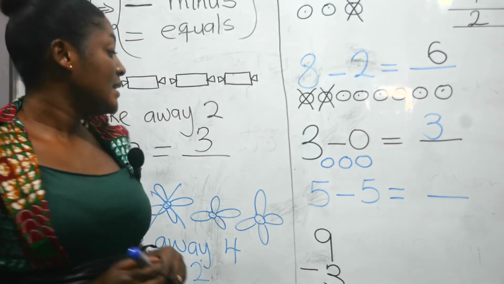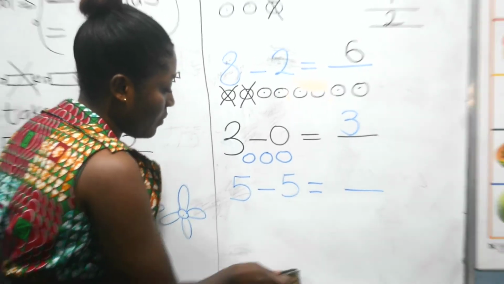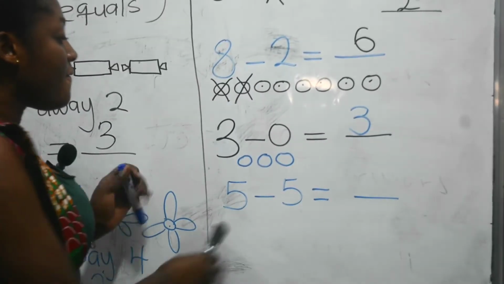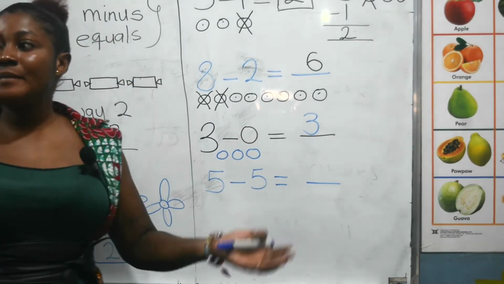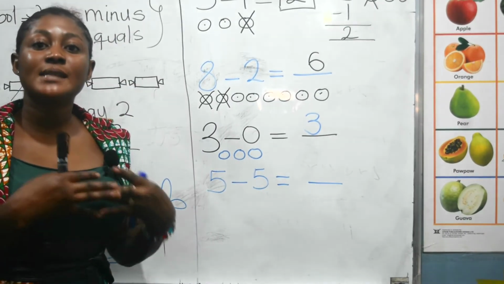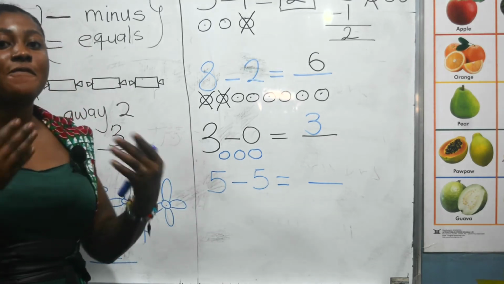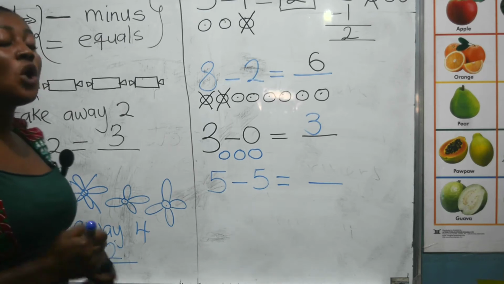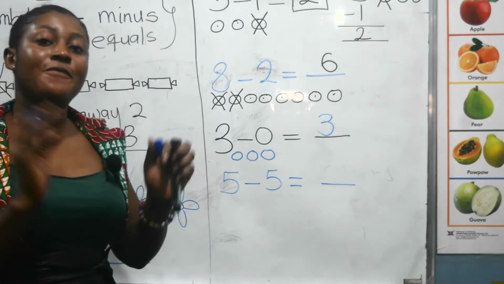Very good. Now let's get to this one. This is 5 minus 5. It simply means 5 take away 5. So I'm going to draw my 5 circles and I'll take away 5 from it.